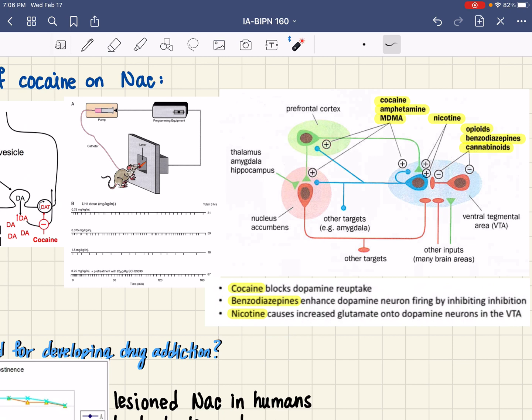Okay, and so do amphetamines and MDMA. However, nicotine and all these other ones work differently. And you definitely want to look at the definitions here and how they work, because this was a type of question that you were asked in lecture. So I'm guessing it could be a question on the exam.